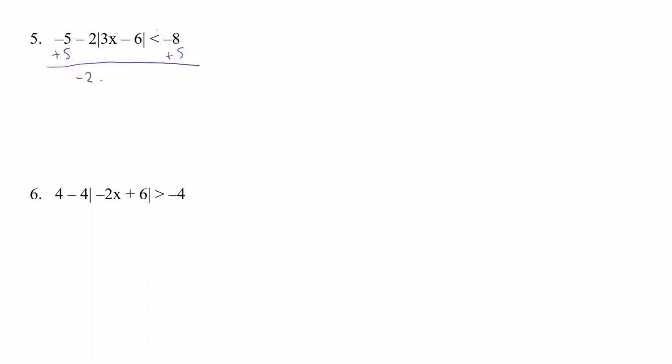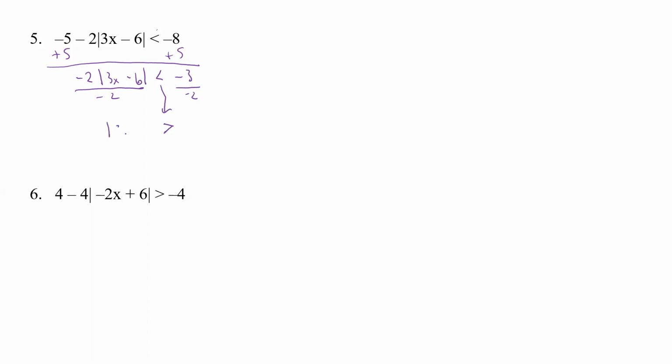So -2 absolute value of 3x - 6 is less than -3. Okay, and then now we're going to divide by -2. And remember, that means this is going to change to greater than.